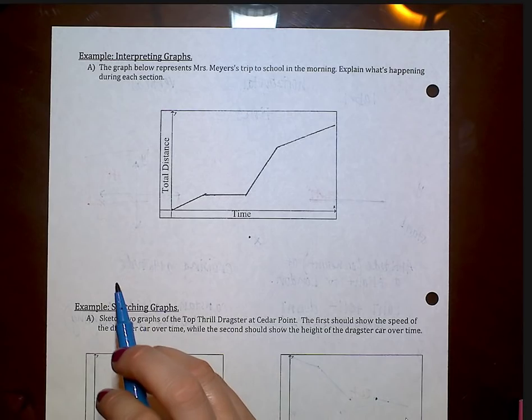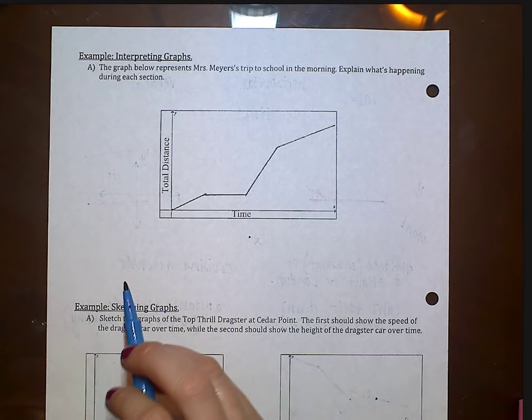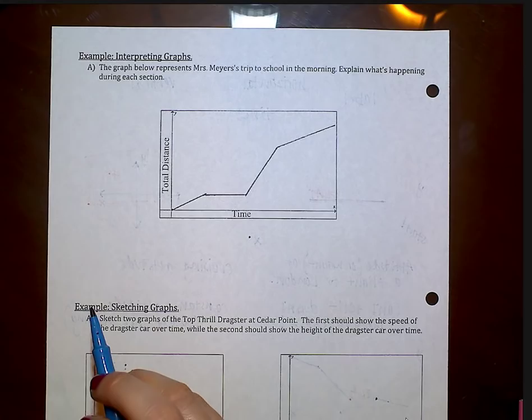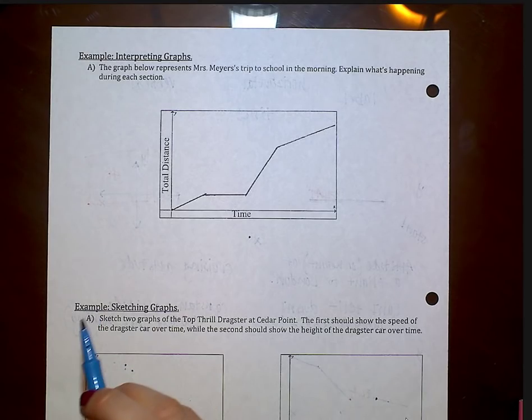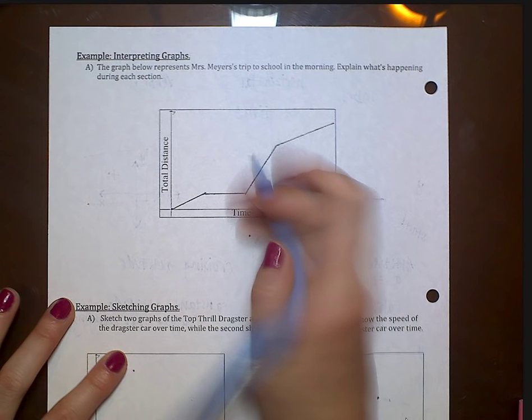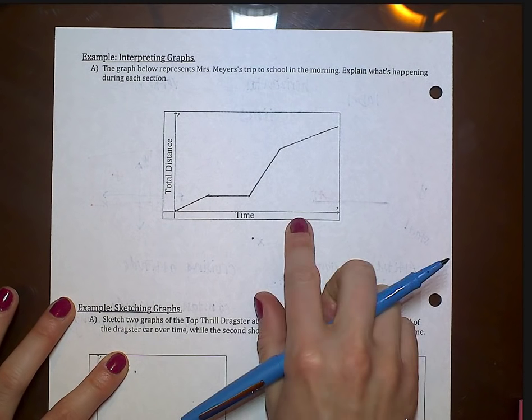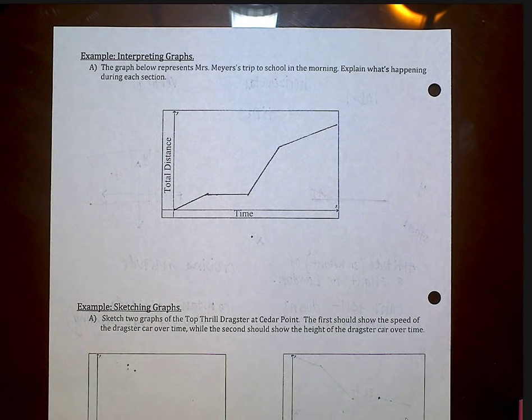Okay. The point of this, I know it looks similar, but it's just to practice making up something that makes sense. And that's the thing. If you just make something up that makes sense, you'll get the credit here. There's tons of different answers. Okay, so here's what I'm looking at. I've got time on the x-axis, total distance on the y-axis.